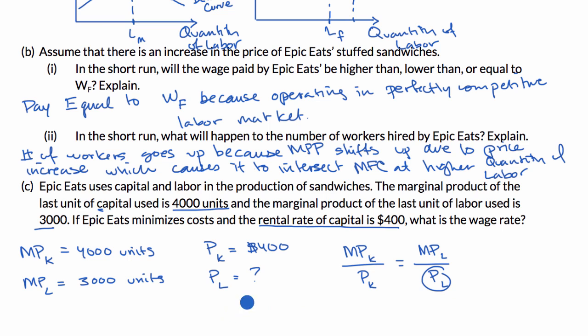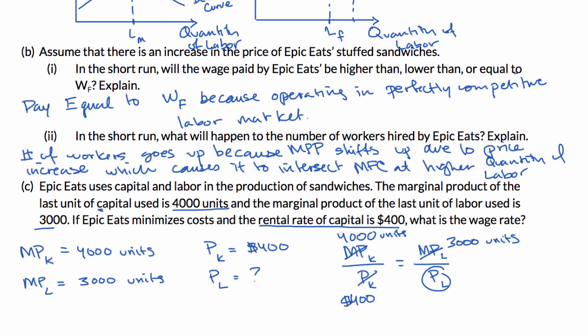So we're going to have 4,000 units divided by $400 is going to be equal to 3,000 units divided by the price of labor. You could divide both sides by 400. So this is going to be 10 units per dollar.